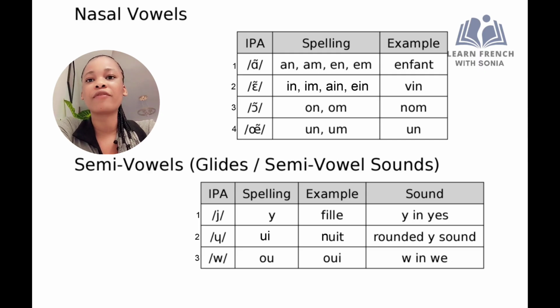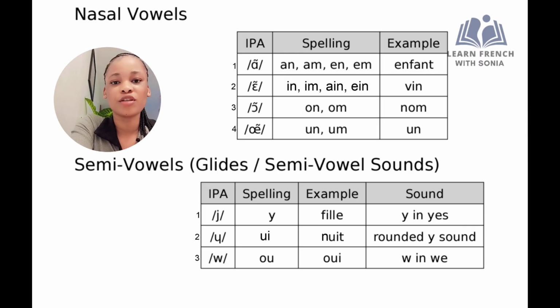Number 2, we have not on. Now we have the spelling, and then we have our example which says vin. At number 3, we have not on. You can see the spelling, and the example there says non, which stands for name.